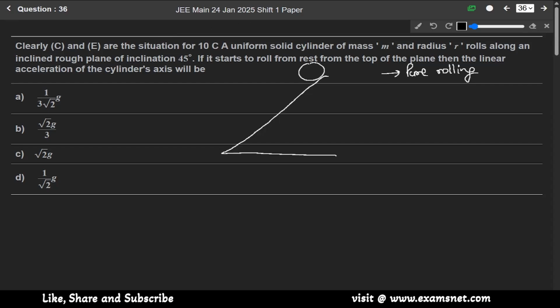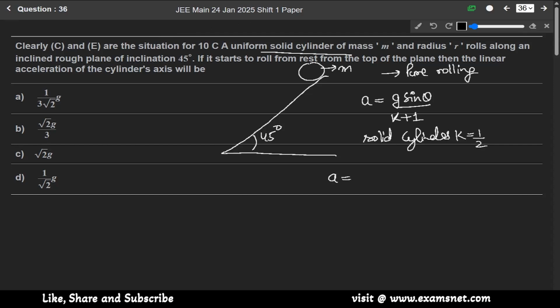From the top of the plane, the linear acceleration of the cylinder axis will be, okay, since this uniform solid cylinder is rolling and it is having a mass m, for pure rolling we consider acceleration A equals g sine theta over k plus 1, and here theta is given as 45 degree. For solid cylinder, we know that k is equal to 1 by 2.